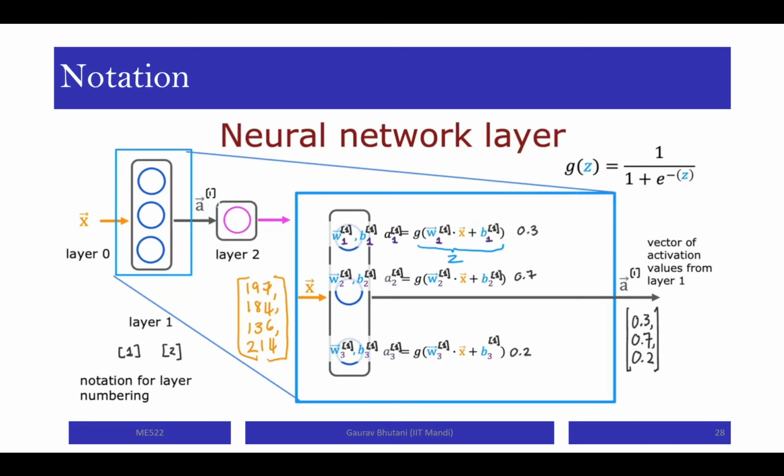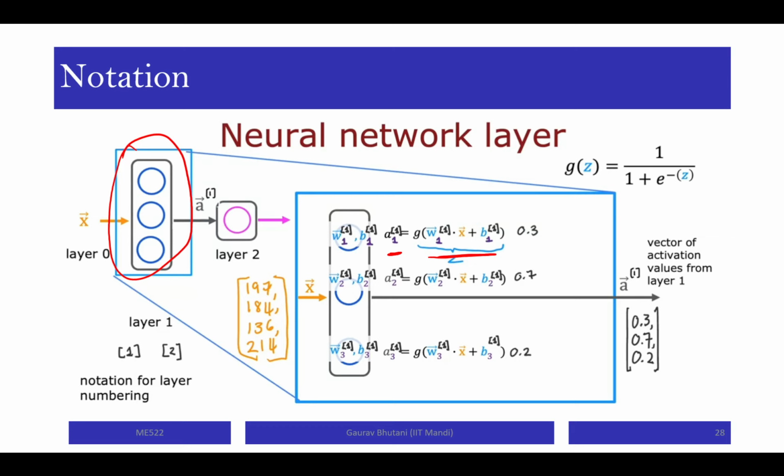So this is exactly what I have discussed. We are zooming into this particular layer which has 3 neurons. Let's look at the first neuron. The output of the first neuron, which we call A1, is some w dot x plus b, and so we are doing a logistic regression.